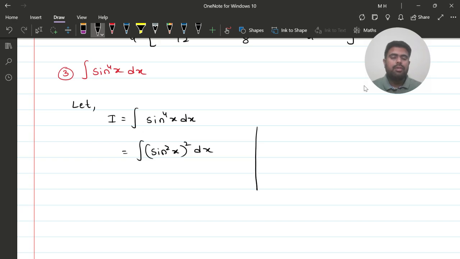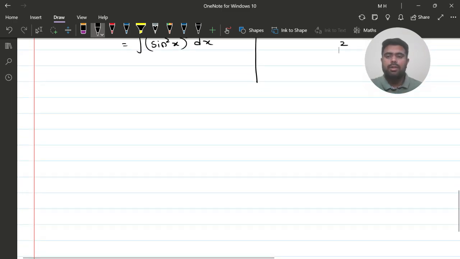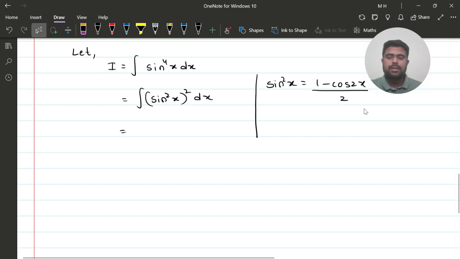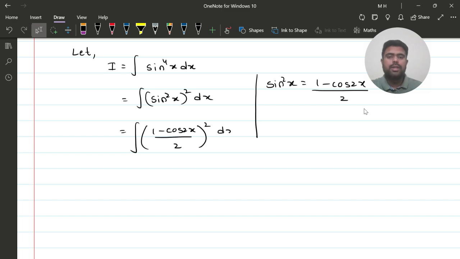Okay, I will write down, ನಾನು ಮೇಲೆ ಬರೆದಿದ್ದೆ. Okay, sin square x is 1 minus cos 2x by 2, right? So therefore I will write down this sin square x as the integral of 1 minus cos 2x divided by 2 dx whole square dx, right?